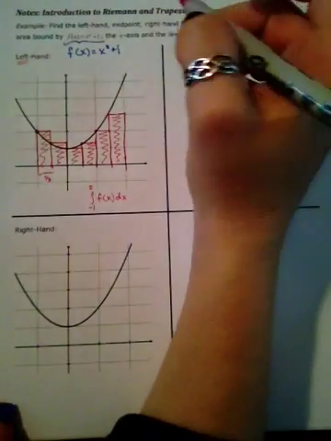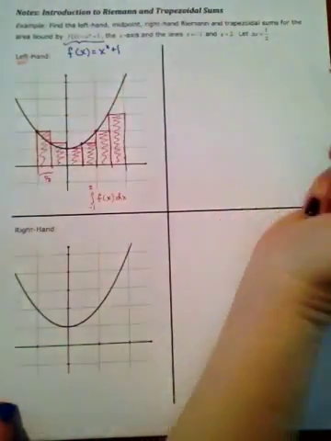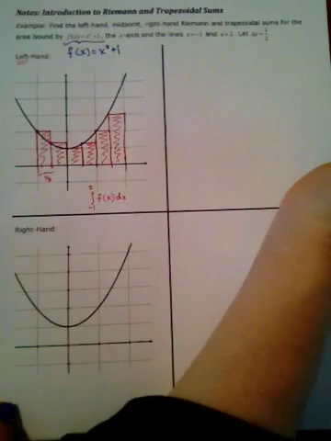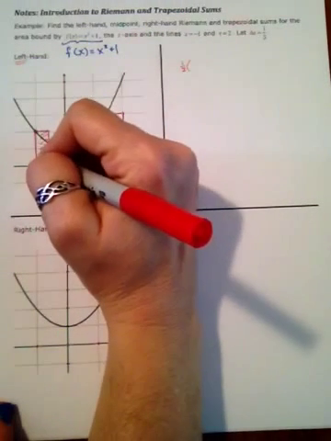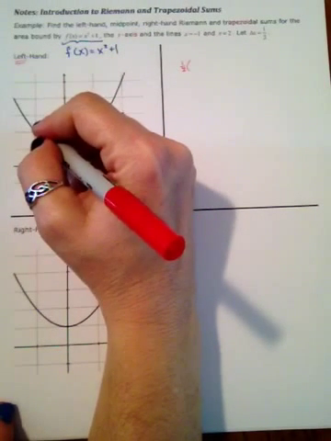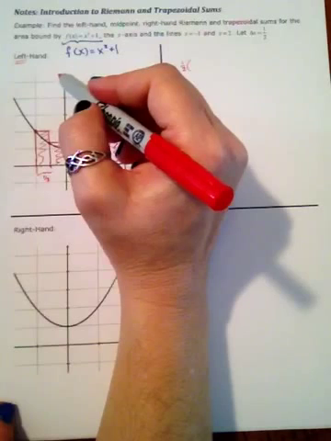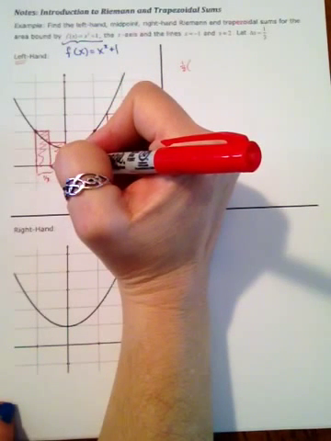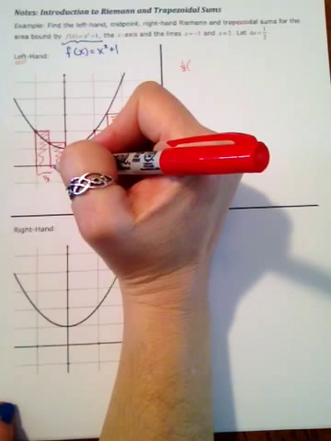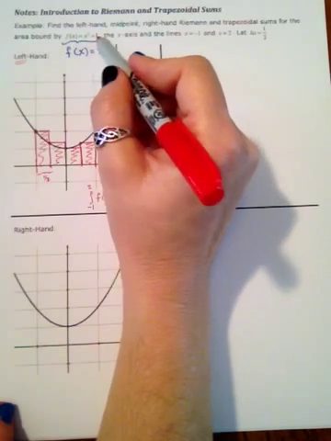To do this, I'm going to find the area of my first rectangle. The area of a rectangle is base times height, so it's 1/2 times the height, f of -1. When x equals -1, -1 squared is 1, plus 1 is 2.